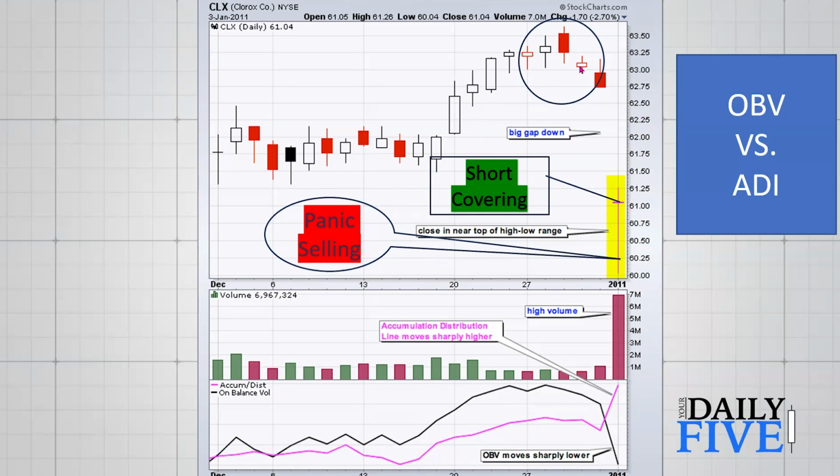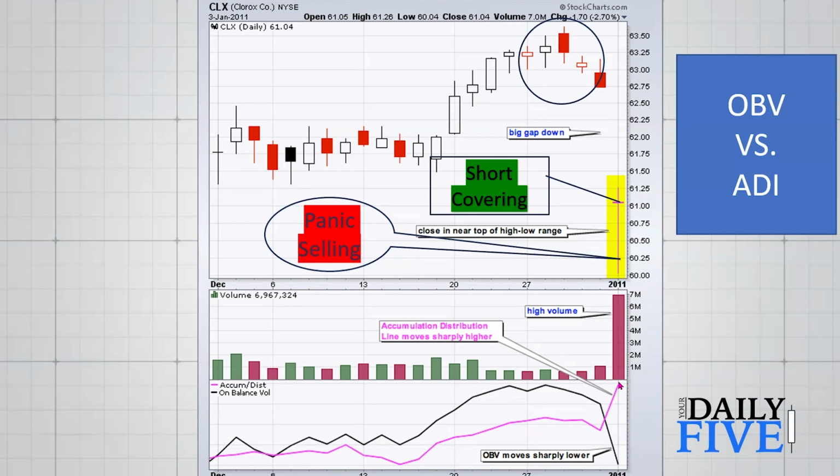You start getting lower closes, and so on-balance volume starts dropping. And over here, you basically get a big gap down. And so the buyers turning to sellers, they panic. Guess what? At the end of the day, accumulation distribution, because it's a higher close, goes up.